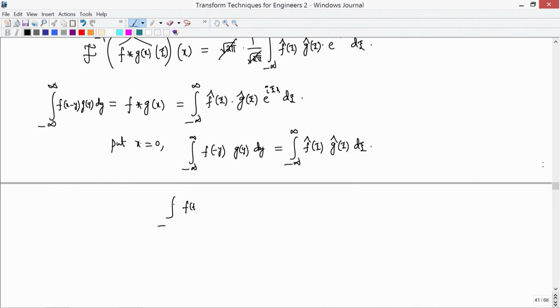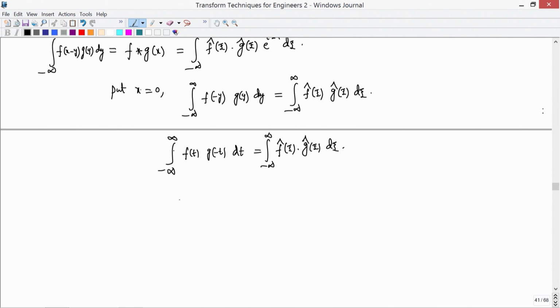Then you have f of t, g of minus t, and dt becomes minus dt, and the limits go from infinity to minus infinity, which makes it minus infinity to infinity. So, both are the same and you get the integral of f cap of xi g cap of xi d xi. So, what I choose is g of minus t as f of t bar.